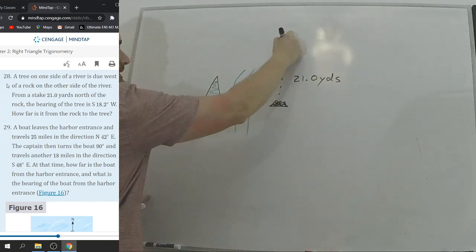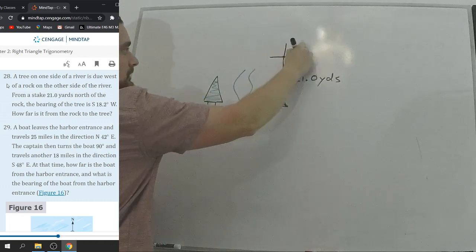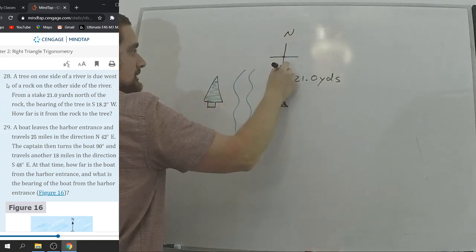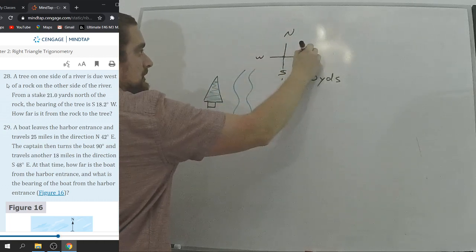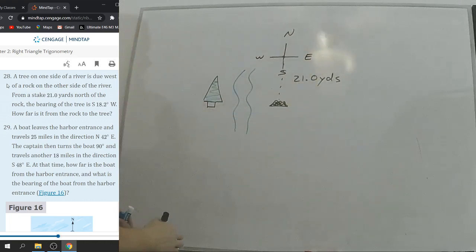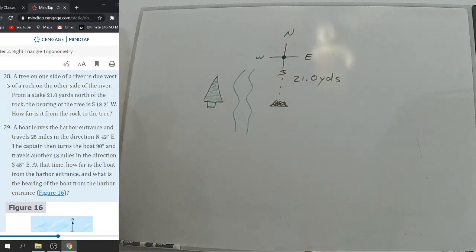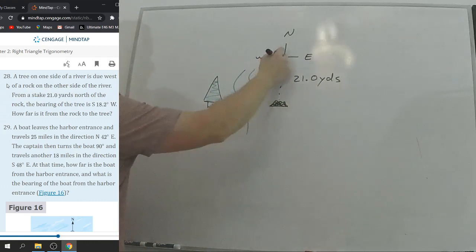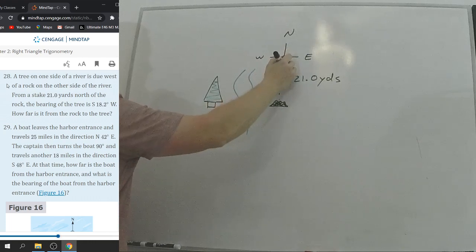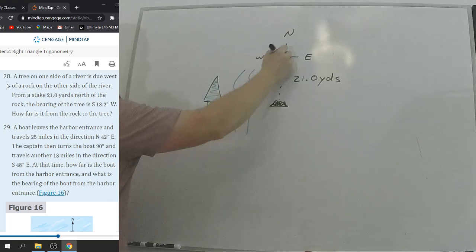And now I'm going to set up my cardinal directions north, south, west, east, and say that that tree from that stake that is 21.0 yards away is going to be south 18.2 degrees west.